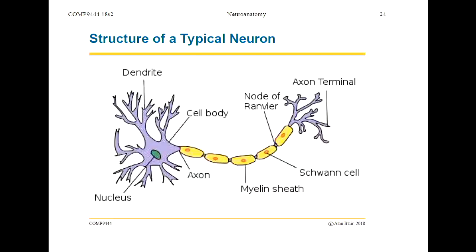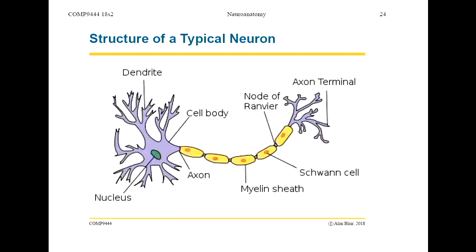Now in the motor system, what's drawn here is a special kind of cell that has a very long axon. The axon could actually be half a meter in some cases. And if the axon is very long, then it has this myelinated sheath around it, which serves the purpose of keeping the charge from dissipating and allowing the electrical signal to pass along the whole length of the axon.